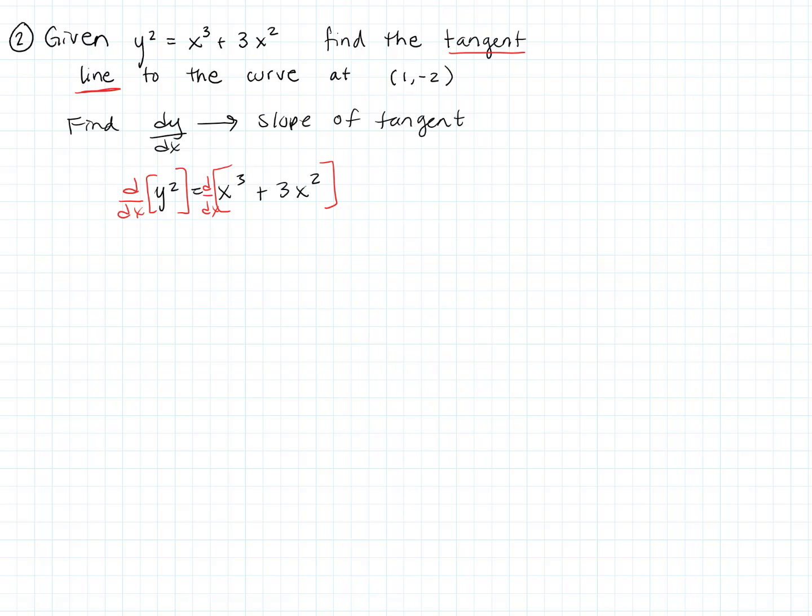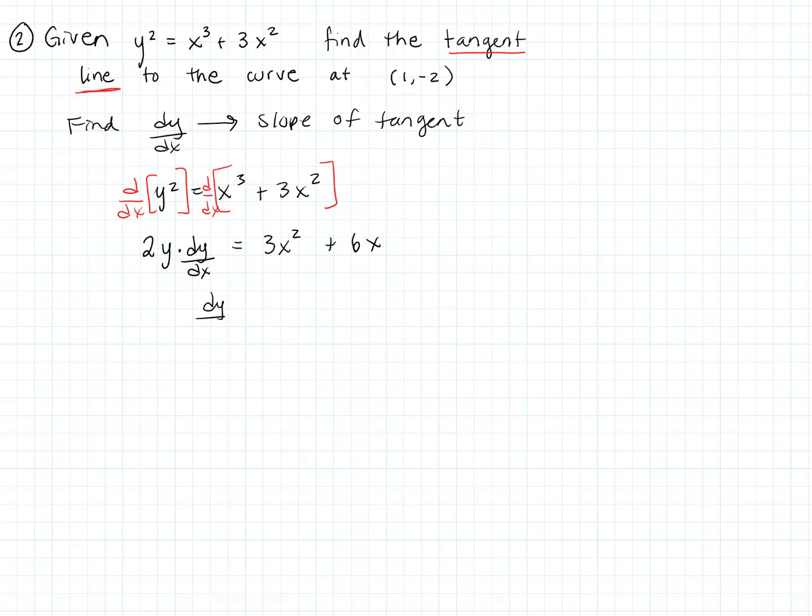Again, when we do implicit differentiation, we always remember that y is a function of x. So when I'm taking the derivative of y squared, like in this case, I have to apply the chain rule. So I get 2y to the first, but then I have to also multiply by the rate of change of y with respect to x, so dy dx. And then on this side, I get 3x squared plus 6x, just simply taking the derivatives of those two terms with respect to x.